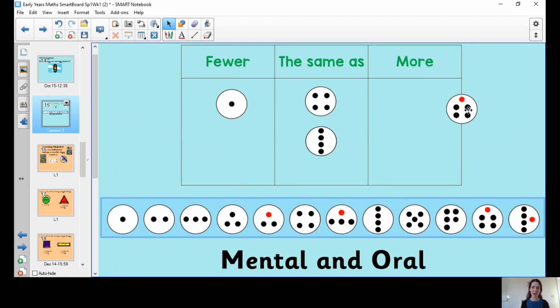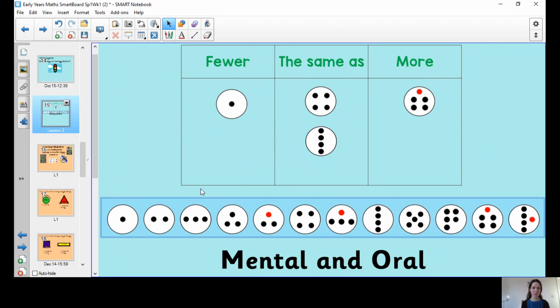That's right, 5 is more than 4. Here we have 4, 1, 2, 3, 4, but in this circle we have 1, 2, 3, 4, 5. We have 1 more dot in this circle. We have 5 altogether. Well done, everybody.